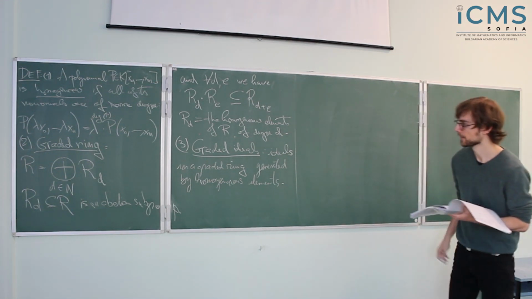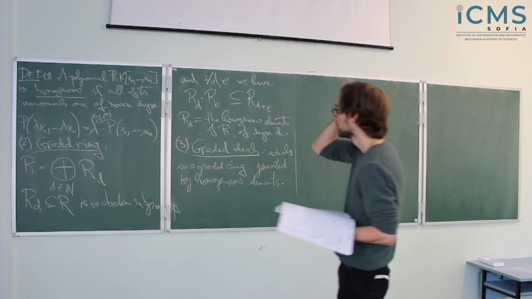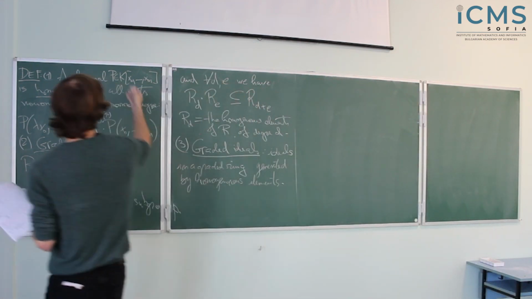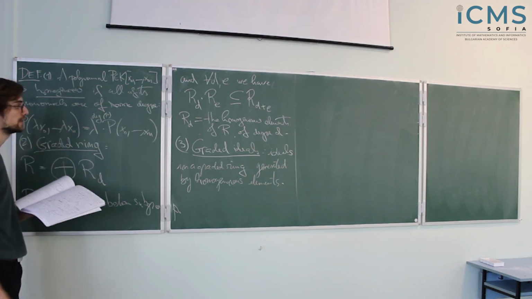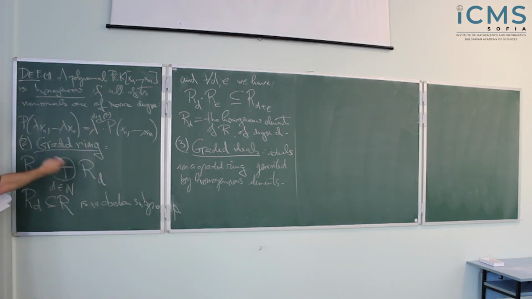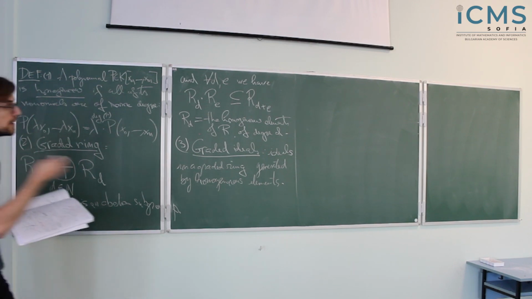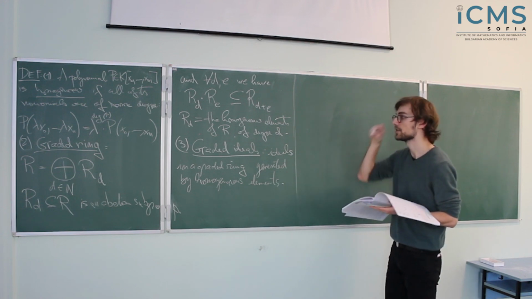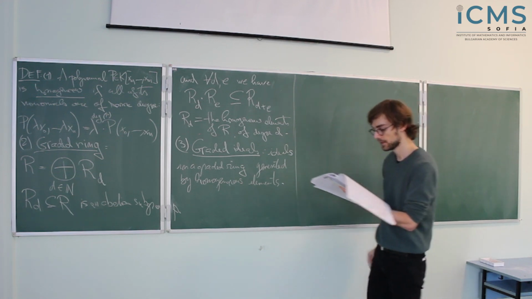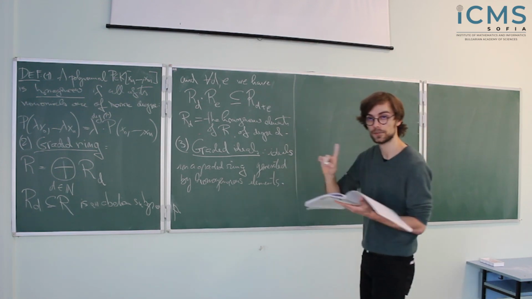So the standard example is, of course, the polynomial ring, and the graded decomposition is simply the homogeneous polynomials. The terminology speaks for itself.